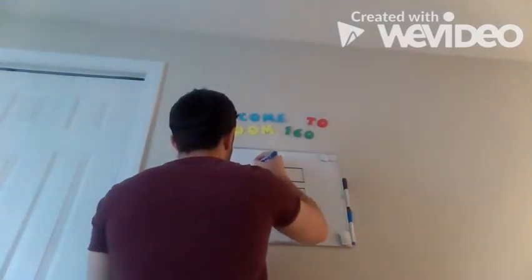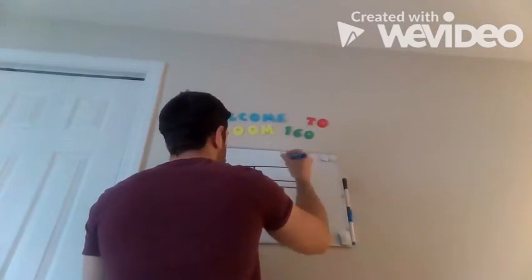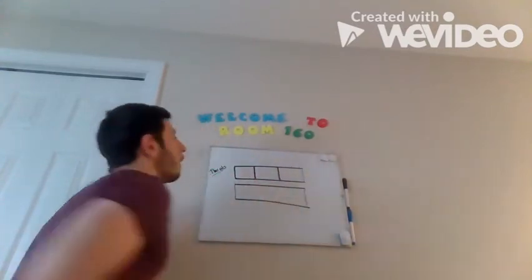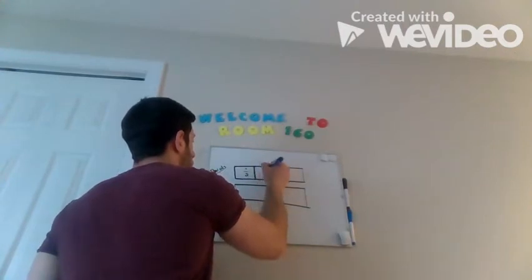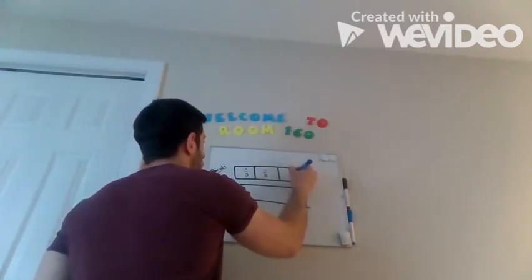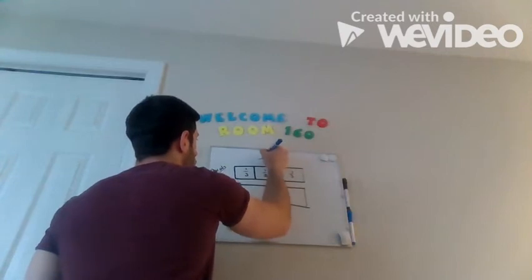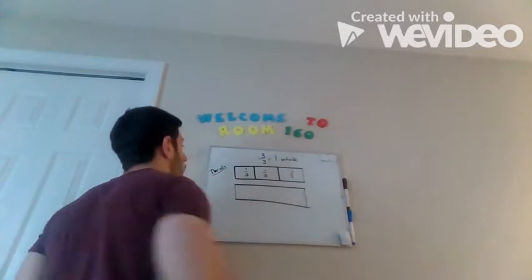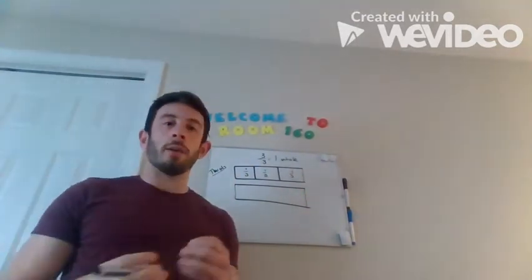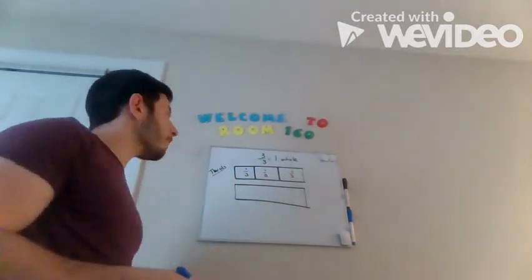So let's make them even. Okay, this is 1/3. Here's another third. Here's another third. This is 3/3 equals 1. So that's how many thirds there are in one hot dog when she cut it up.